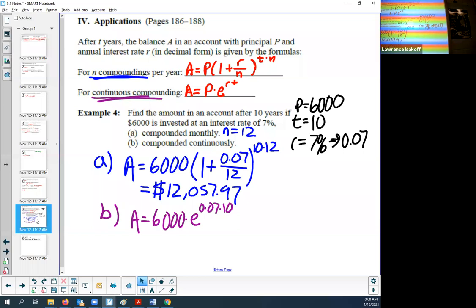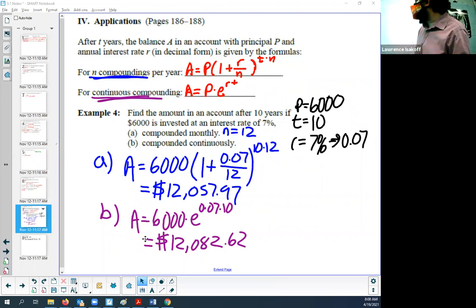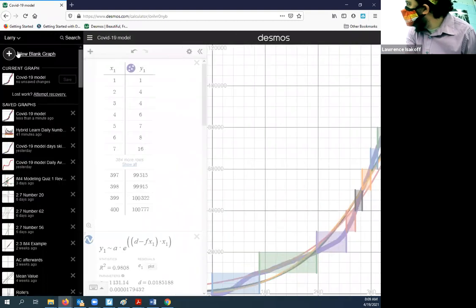I forgot to put the answer down here. That was $12,082. I think it was 62 cents. Let's double check. Oh, I just opened a new blank graph.